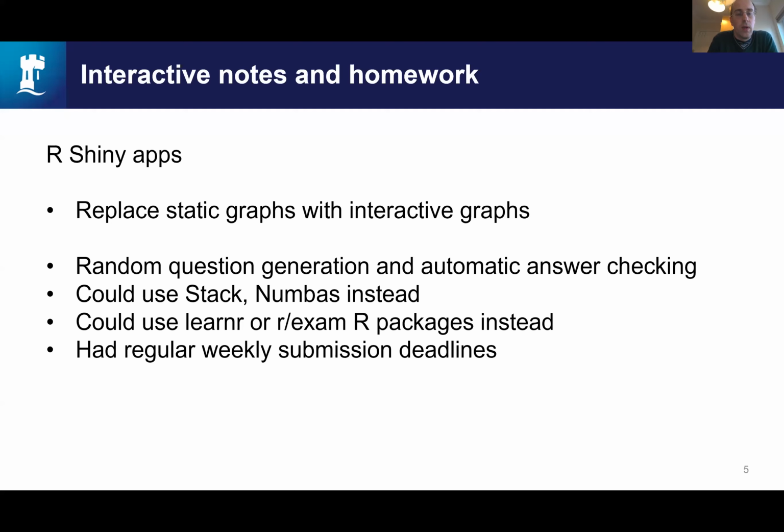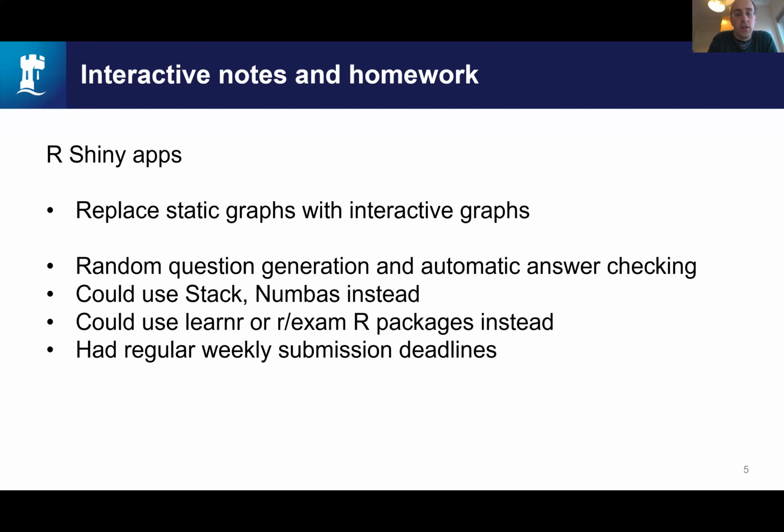I also had regular weekly homeworks, and I think students do like the routine of having a standard format. There are lots of packages and platforms for doing this. My university is a bit behind the times, so we don't have anything like Stack or Numbas, which is a shame.